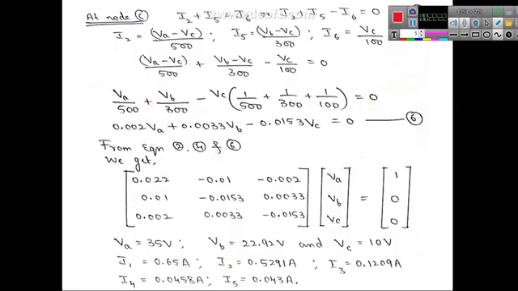So you can get the values of I1, I2, I3, I4 and I5. So all branch currents you can calculate once you get the solution for the nodal voltages.